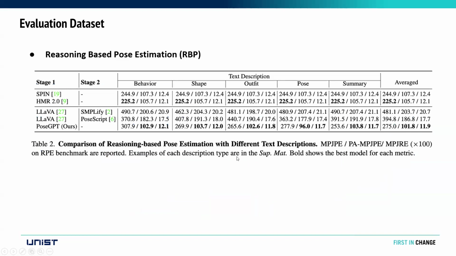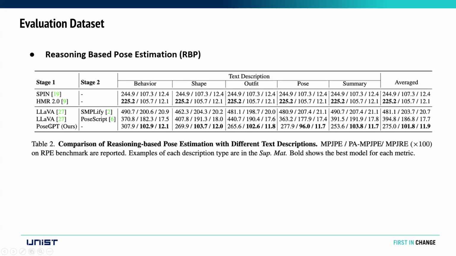Here is the result of the comparison for reasoning-based pose estimation with different text descriptions. They also report the MPJPE of other methods.